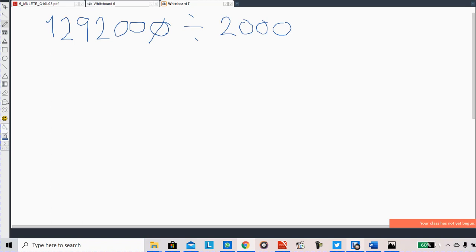Now if you want to divide, you have to cancel the zeros first, because in a division operation, you cancel the same number of zeros in both numbers. So we have 3 zeros in both numbers, cancel them out. After that, we have 1292 divided by 2. Okay, let's do it by long division as we studied before. It's very easy.